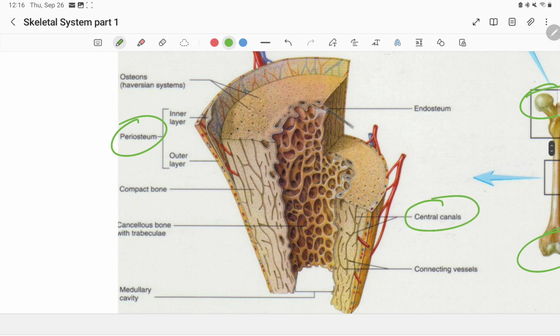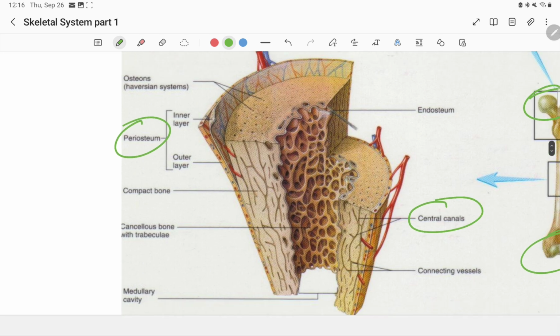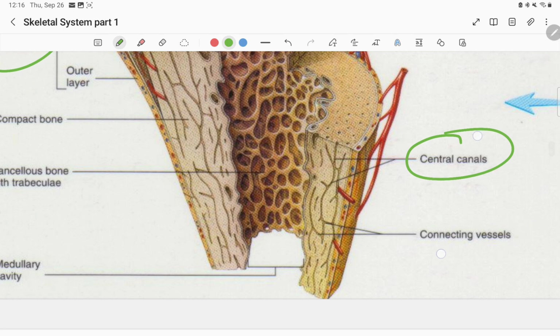So there's blood vessel systems that transport blood from the inside of the bone to the outside of the bone called the central canals. As a result, they make these little tunnels with connecting vessels and so forth.